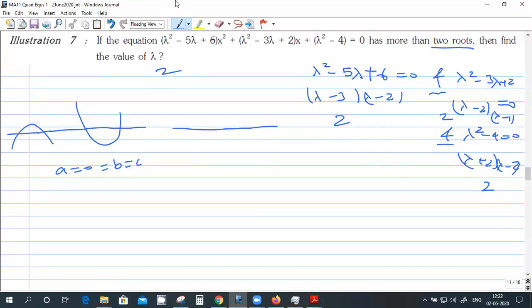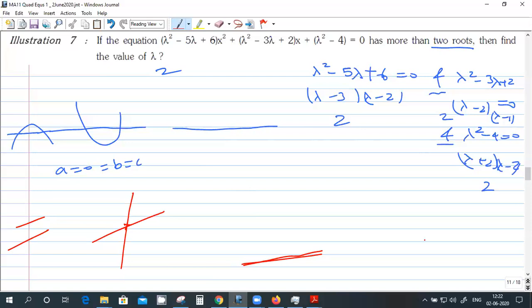Okay, so the logic is same like if you have two lines, these two lines will intersect at one point, right? Yeah. Okay, or it will not intersect if they are parallel lines. But if he says that it intersects at more than one point or infinite number of points, then the two lines are coincident. Yeah, sir.